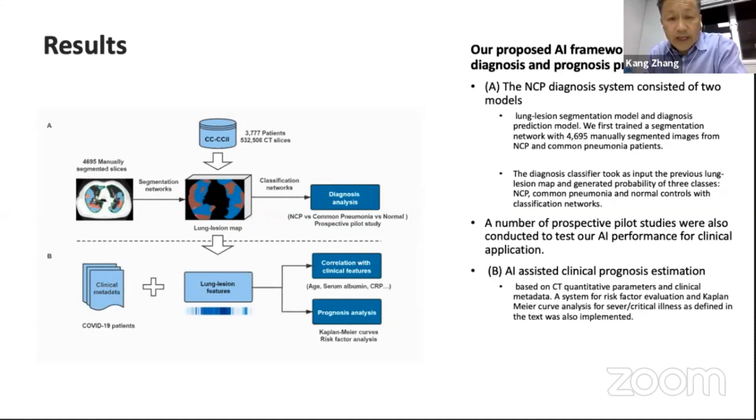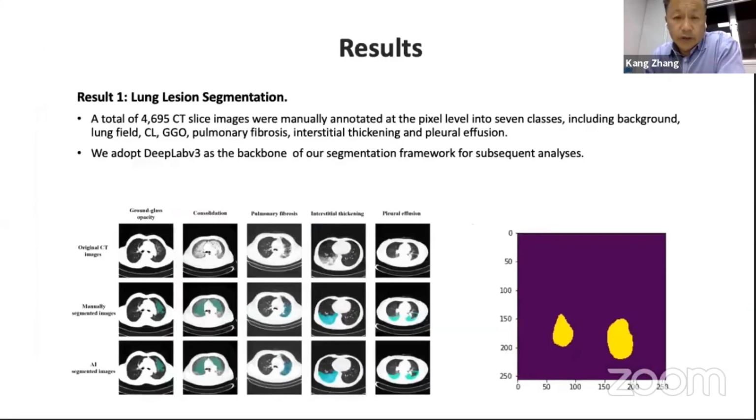We then took an end-to-end approach to have the computers learn other features of the lesions. That's one. The second one is we take the lung lesion features, combine them with the clinical metadata, try to correlate the first with clinical features, and then also attempt to make a prognostic analysis.